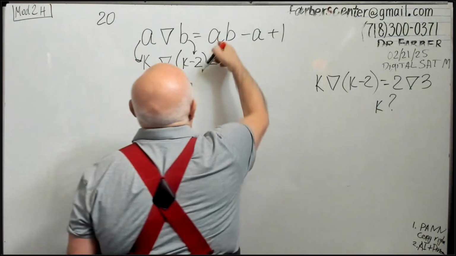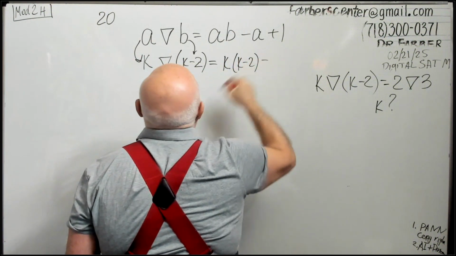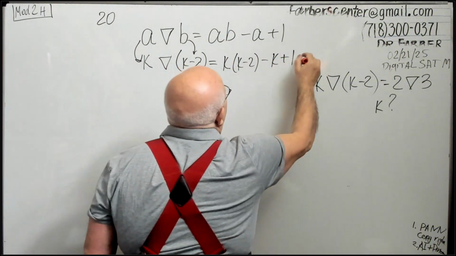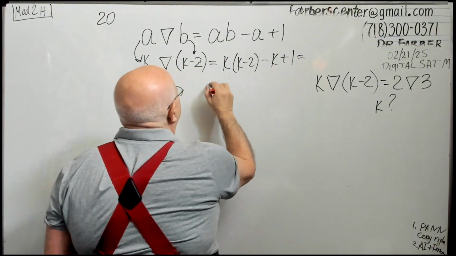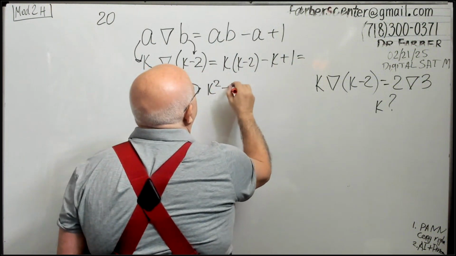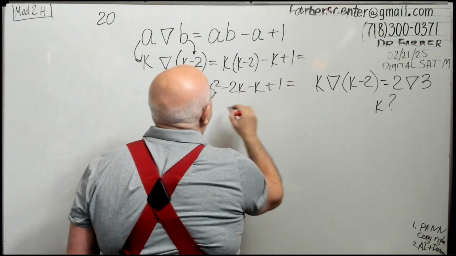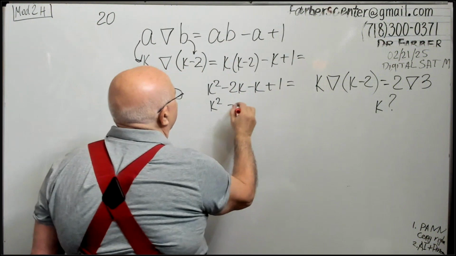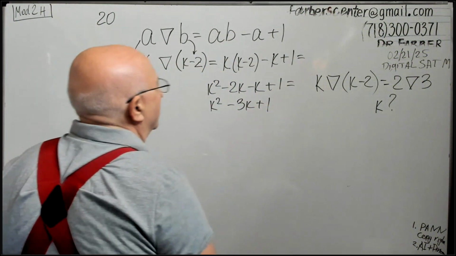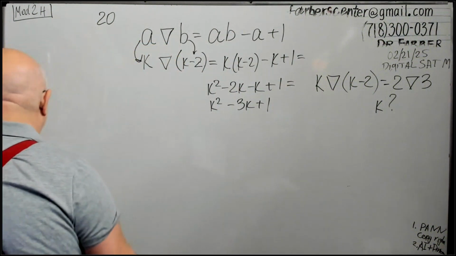Now plug in instead of A: K times K minus 2 minus K and plus 1, which is K squared minus 2K minus K and plus 1, which is K squared minus 3K and plus 1. So this is how I decoded this, right? What we got here.